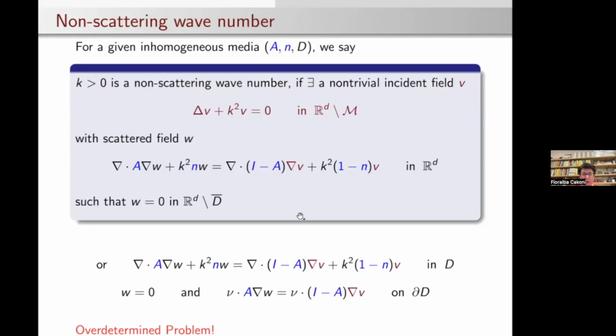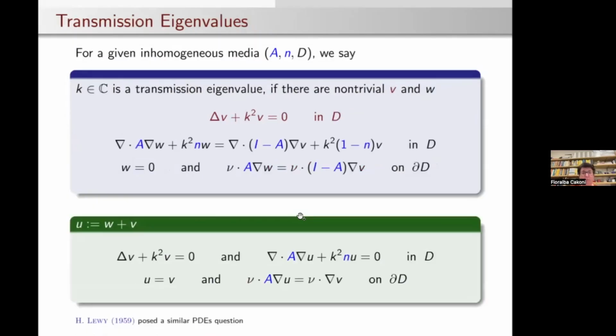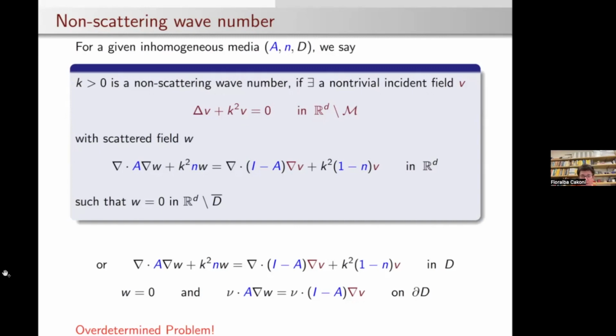So you see that we have an overdetermined problem. Now the transmission eigenvalue problem is actually trying to rescue, so to speak, this kind of overdetermined problem that we are not sure whether it has a solution or not, right?